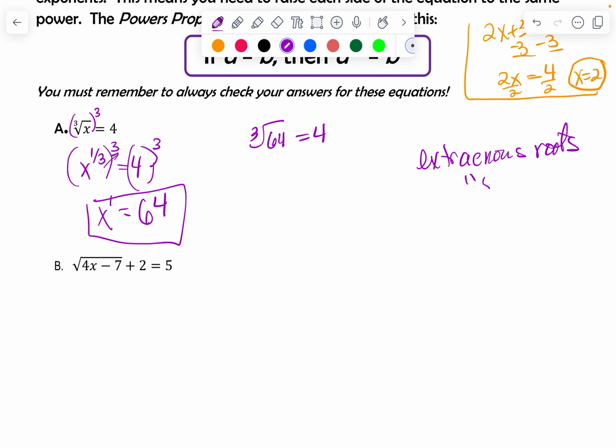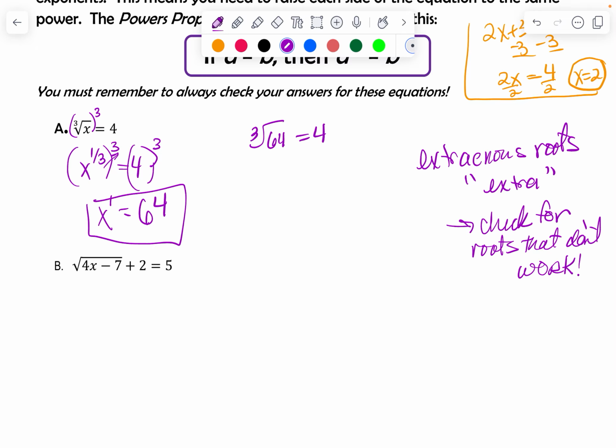Extraneous roots means extra. Oops. And I can't spell extra. I'm not restarting this video, so you're going to keep watching. Means extra. Okay, make sure that you solve for those, because you could have answers that look nice but don't work. So check those extraneous roots. Check for roots that don't work.